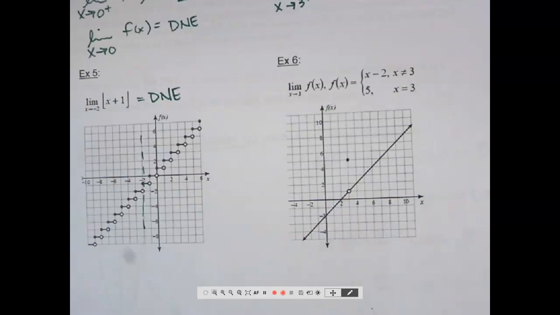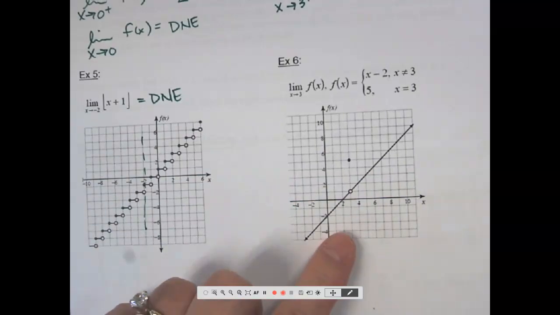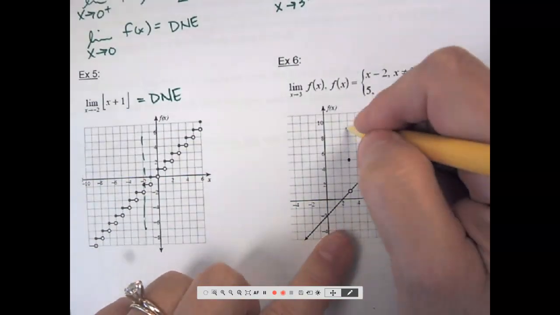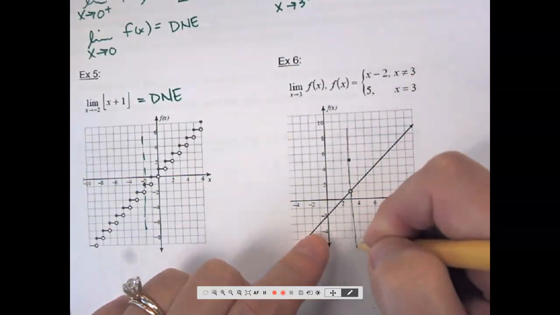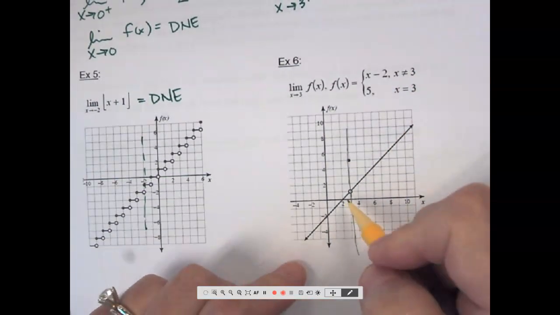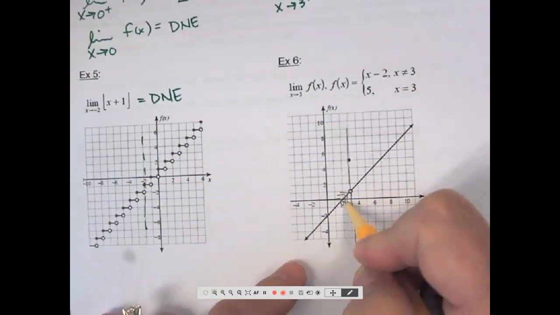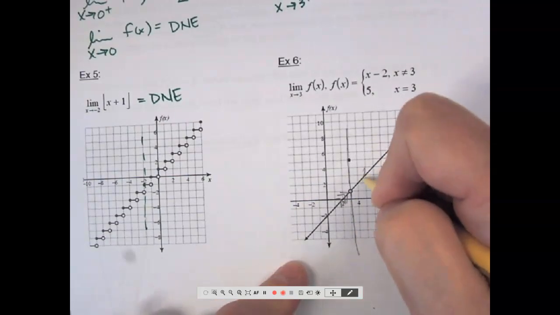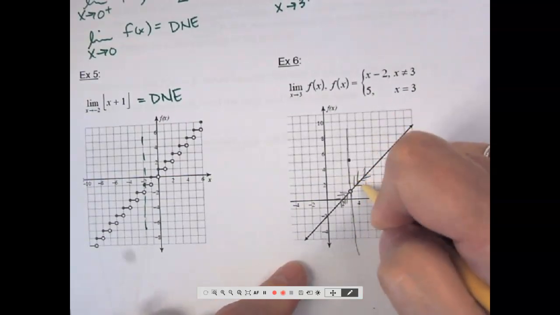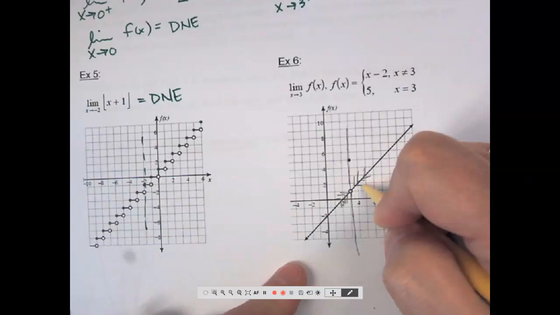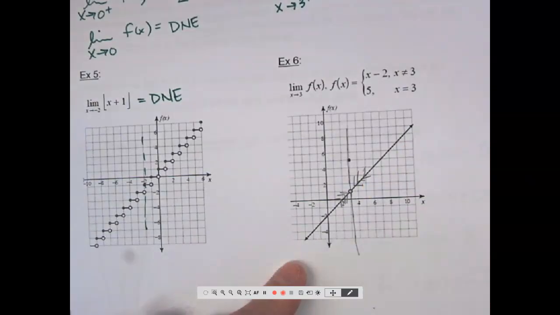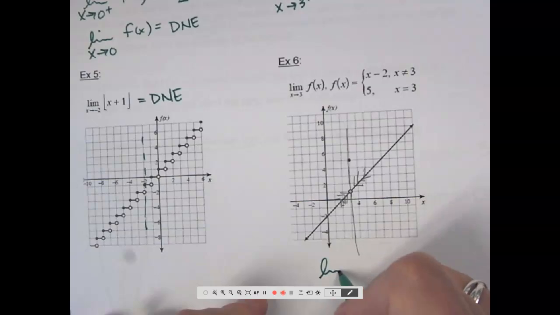Does not exist? 1. You might have a different answer than those two. Okay. All right. So we are approaching 3. This is where x is 3. I am approaching from the left. What are those y values getting close to? Okay. I am approaching from the right. What are the y values getting close to? Are they the same? Yep. Limit is 1.